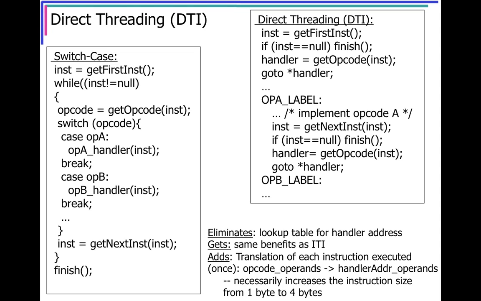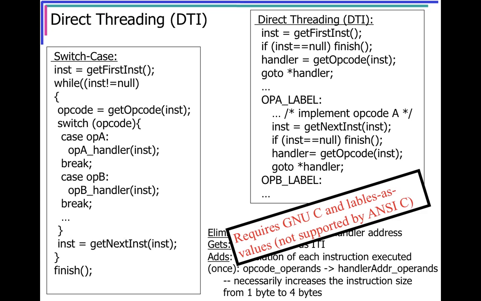But we're swapping out a 1 byte opcode for a 4 byte address, so the code is going to get bigger. If you want to do this today, you can. You can do it with a CPython interpreter, but you're going to have to compile it with GNU-C so that you can use labels as values to do this threading.